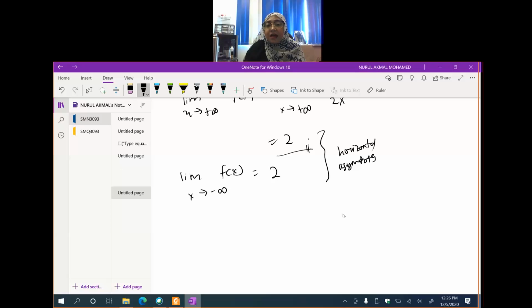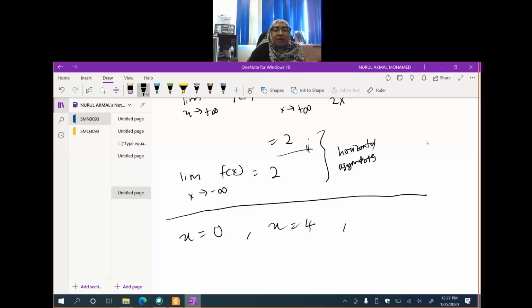From the previous example, I showed you that the intervals are normally obtained just from the critical points. So from the critical points, we know that the function has three critical points: x equal to 0, x equal to 4, and x equal to negative 4.